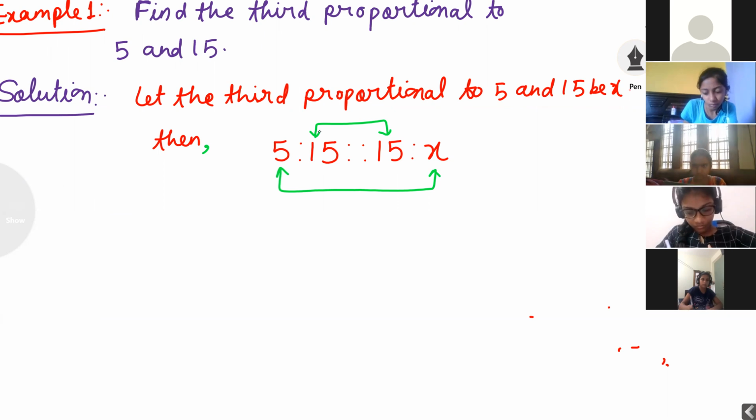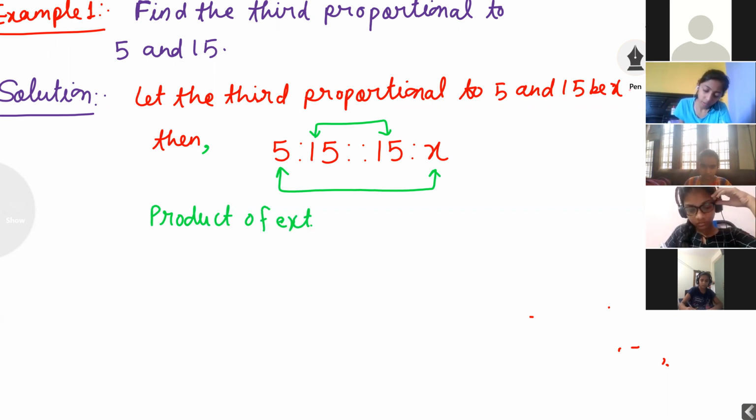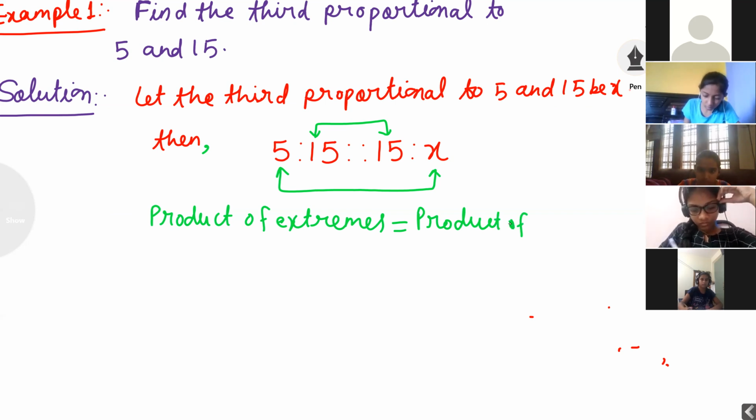Now write down: product of extremes is equal to product of means. Extremes means first and last term. 5 into x is equal to 15 into 15.